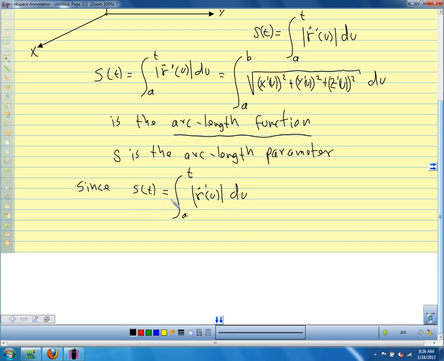What can we figure out from this relationship? Not even thinking about quantities, what does the fundamental theorem of calculus tell us the relationship between these two is? What happens if we take the derivative of both sides?